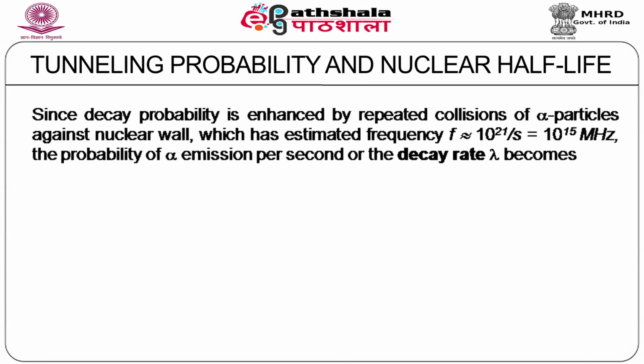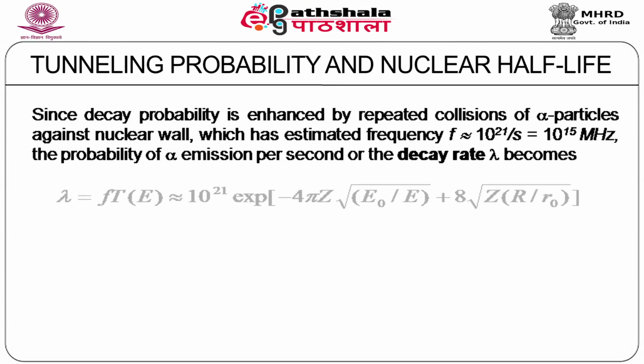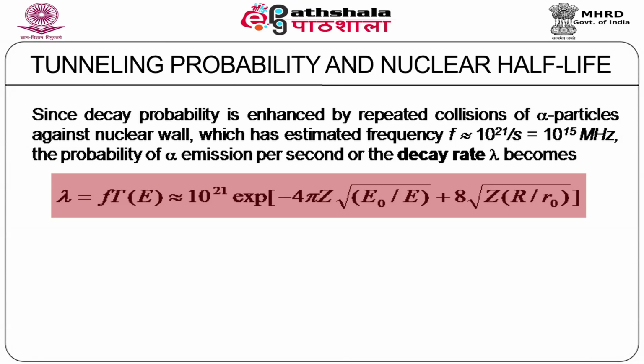Since the decay probability is enhanced by repeated collisions of the alpha particle against the nuclear wall, which has an estimated frequency of 10 to the power 21 per second, or 10 to the power 15 megahertz, the probability of alpha emission per second, or the decay rate lambda, becomes lambda equal to f times T(E), where f is the frequency. And so that turns out to be 10 to the power 21 times the tunneling probability, which is written here.